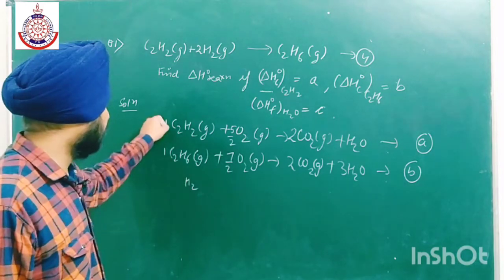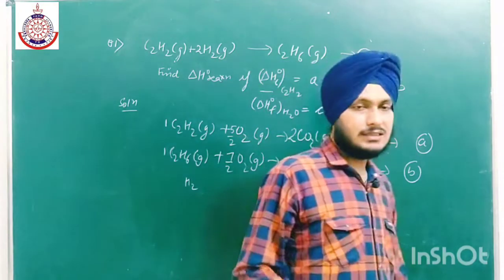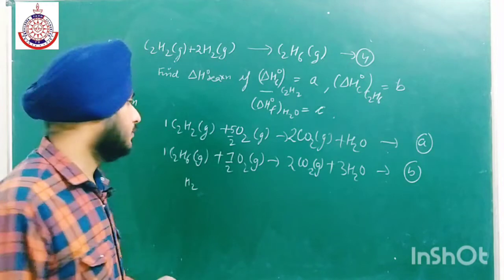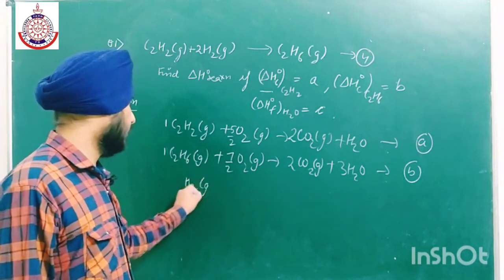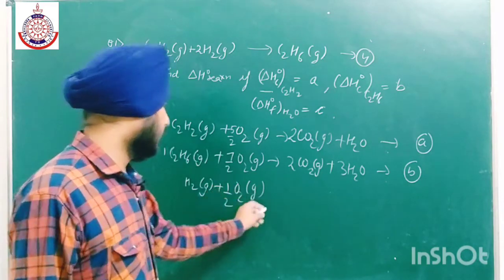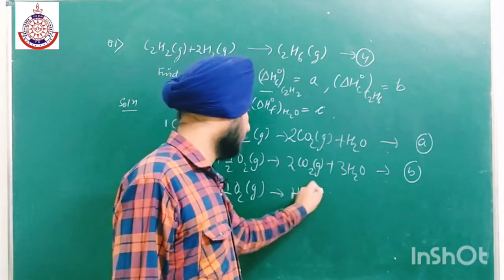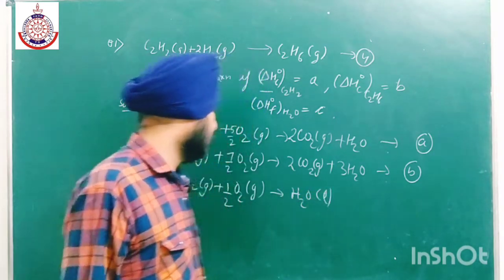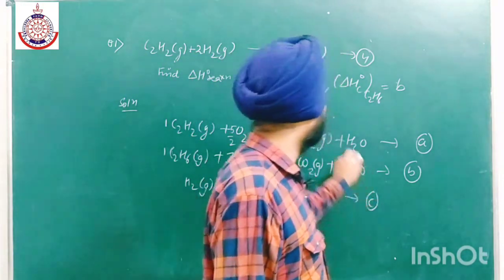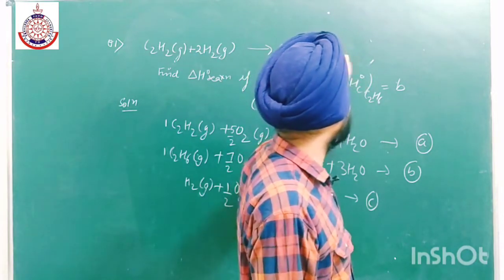We have to take 1 mole over here because delta H naught of combustion is valid only for 1 mole. If we are burning 1 mole of a substance, and for formation we have to form 1 mole. That is why I am taking 1 mole of liquid water. For this we have C, and we have to form this equation, which is D.